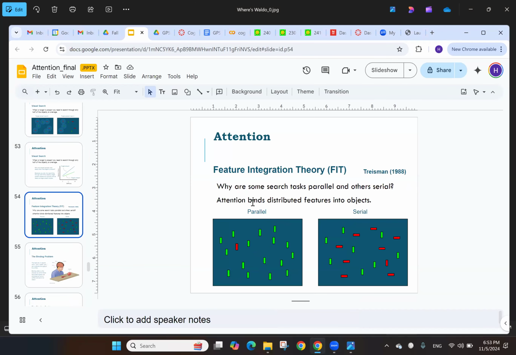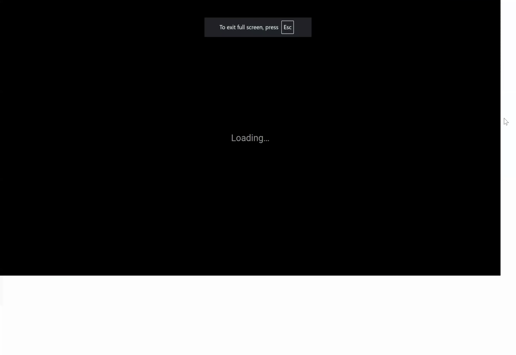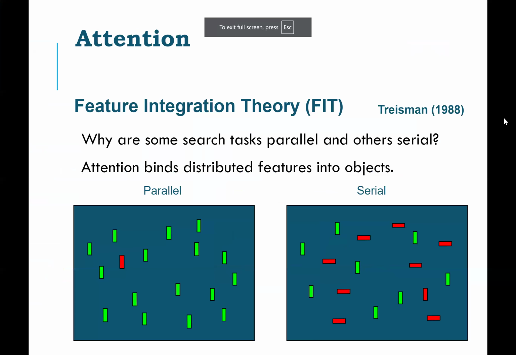Let's look at the two search tasks that we had. In one search task, what makes the target target? Just the color, right? There's only one feature that makes the target target. In this case, the fact that the target is red and all the distractors are green. So this does not require you to combine multiple features in order to find the target.